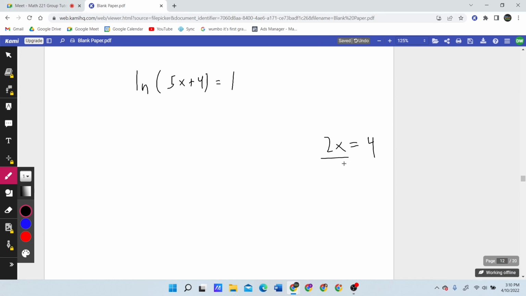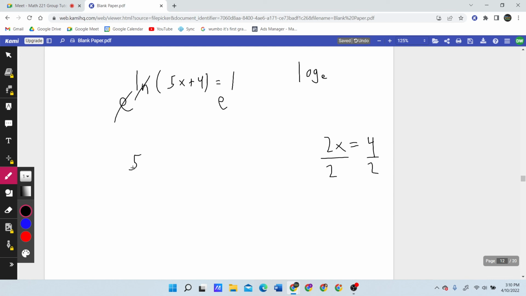The opposite operation of multiplication is division. What's the opposite operation of the natural log? It's base of whatever the base of your logarithm is. In other words, the base of natural log is really log base e, so I'm going to take base e of both sides. And what happens is the e and the natural log essentially cancel out.